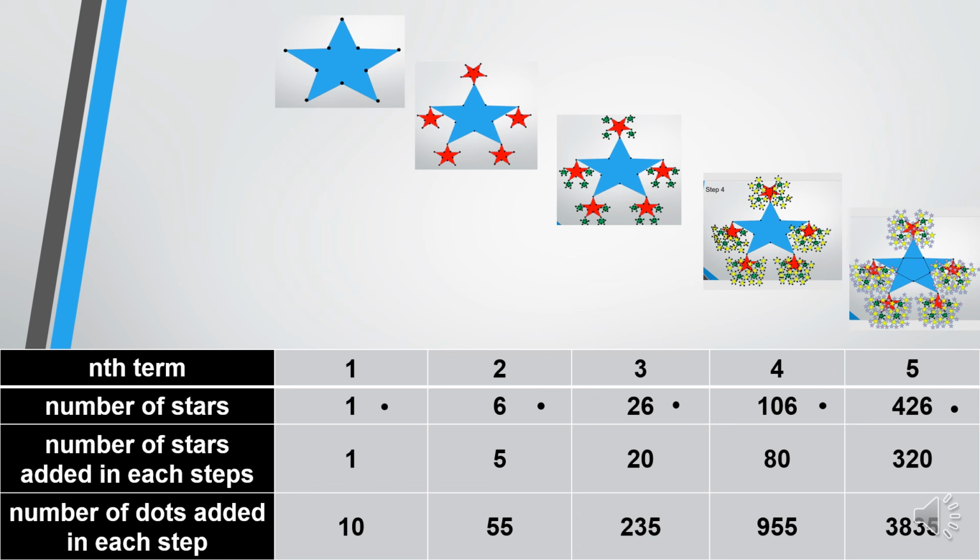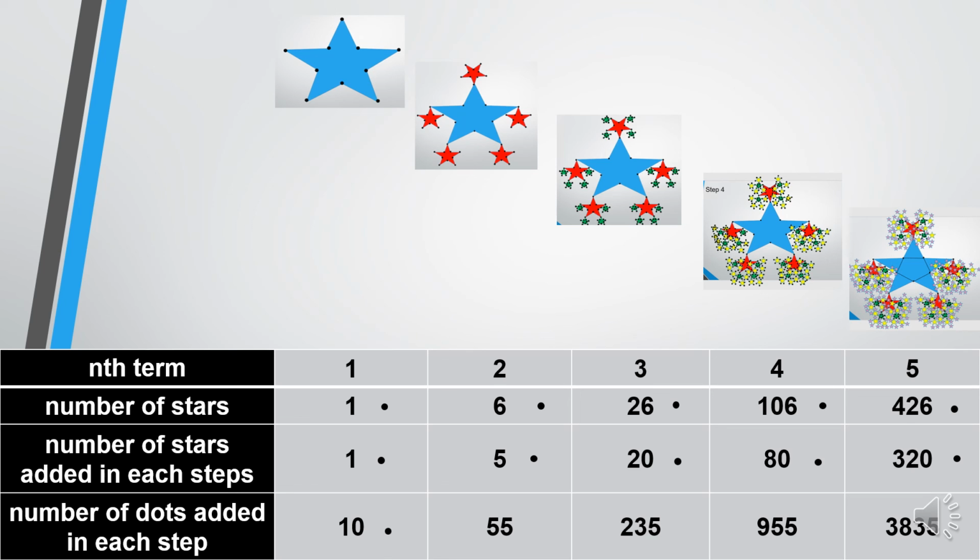Number of stars added in each step: first term is 1. Second term, 5. Third term, 20. Fourth term, 80. Fifth term, 320.